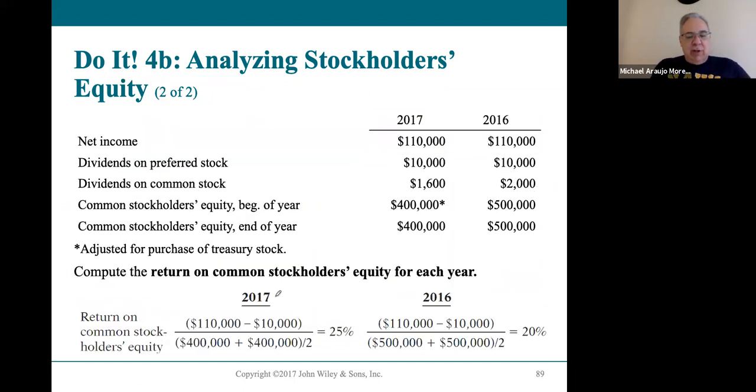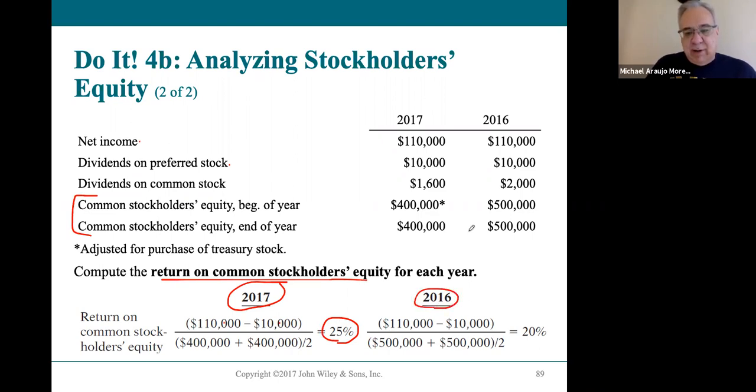So the computation here for 2017, as you remember, is net income minus preferred dividends divided by average common stockholders' equity. The average is the beginning and ending added together and divided by 2. So in 2017, their return on common stockholders' equity was 25%.